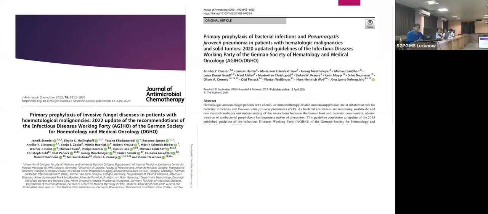And these are the two guidelines, one for fungal and one for bacterial, I found in hematological journals. I have chosen this one from Germany because these are the most exhaustive guidelines. They have included the most number of studies, most number of good studies. So you have to decide. You have to tell me what is the value of these guidelines nowadays.